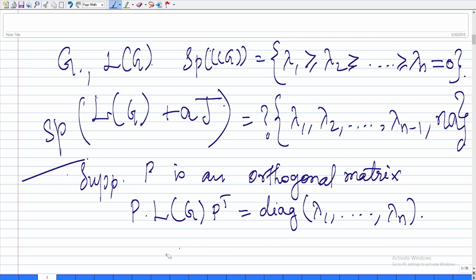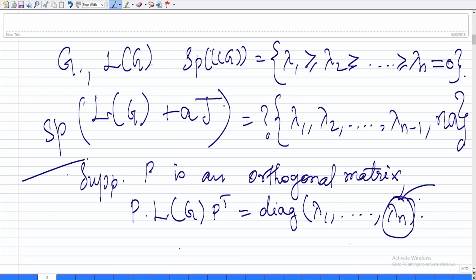Let us choose the orthogonal matrix P such that the last column corresponds to the 0 eigenvector of my L(G). That is why I am considering lambda n to be sitting in the last place. We have seen already how the eigenvector of 0 eigenvalue for L of G is going to be, if my G is a connected graph. So, we will start with a connected graph, then we will see how it turns out.